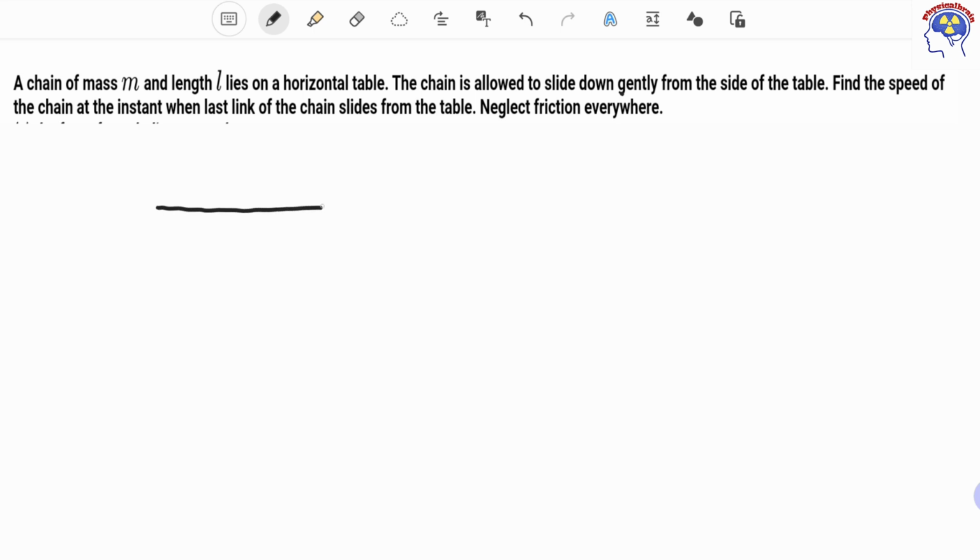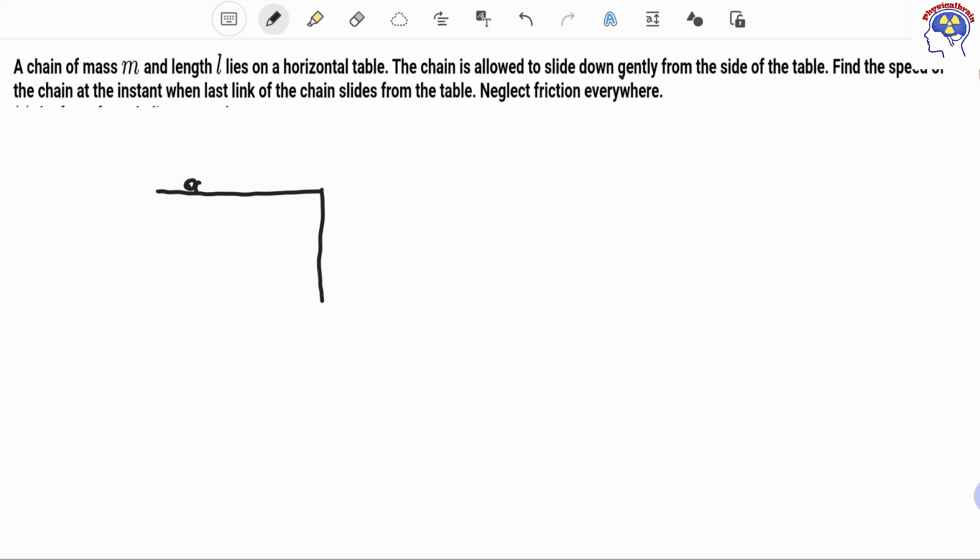So we have a table and we have a chain, let's say a chain made from balls all connected, some links. This is the table, and this table is smooth, avoiding friction. Now the chain is allowed to slide, so we can assume somebody gave a little hit to the chain.